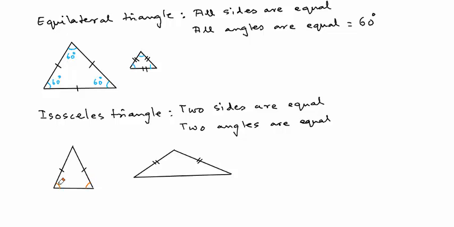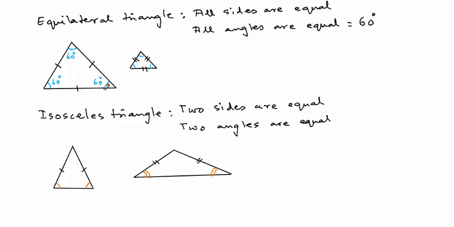So this angle is the same measure as this angle, and similarly this angle out here is the same measure as this angle. And that measure can be anything as long as the 3 add up to 180 degrees. And the third angle is different from these 2. If they're all equal, it becomes an equilateral triangle.